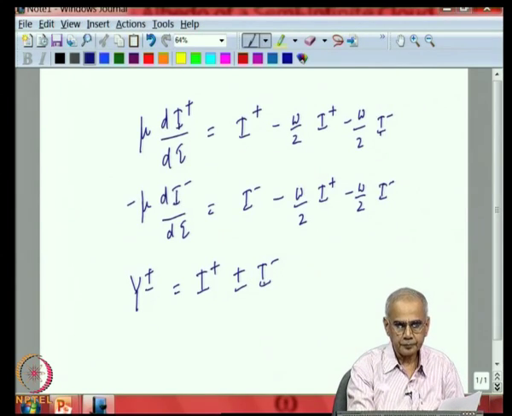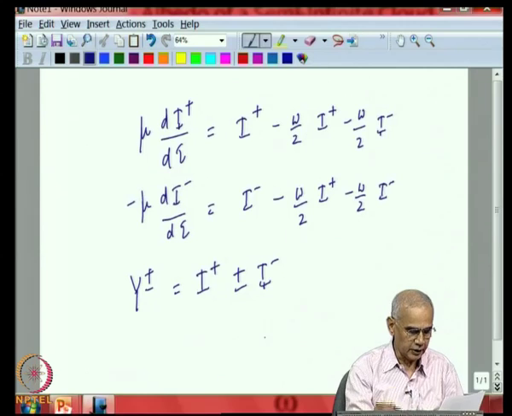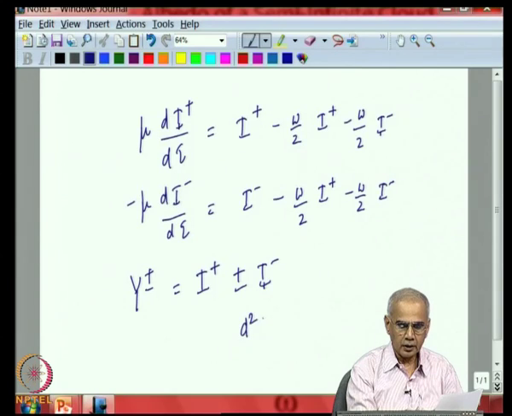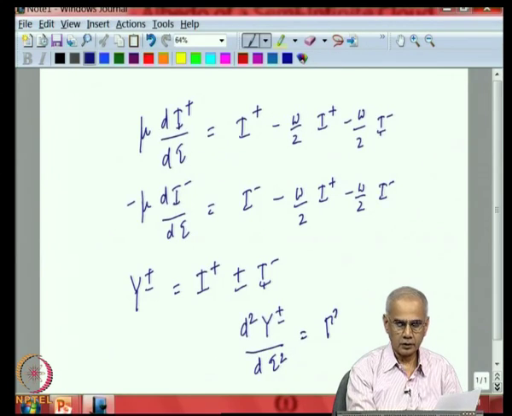If you do that, you get a single second order equation, which says d squared Y plus or minus by d tau squared is equal to gamma squared Y plus or minus.